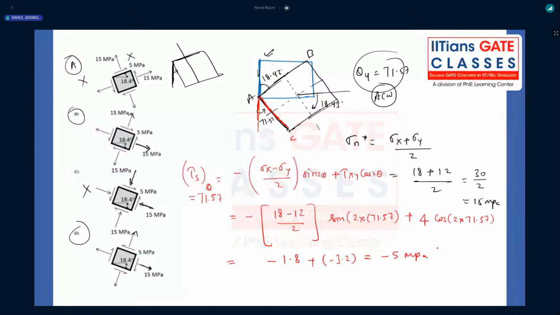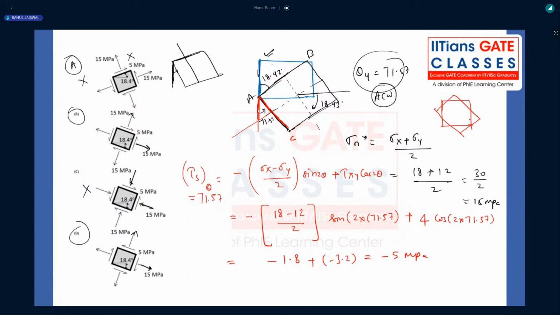If that is minus 5 megapascal on a particular plane, I told you what the directions will be. Tell me, guys, in which direction has this particular plane been tilted from our reference plane? That was my original plane, for example, and now it has been tilted like this.